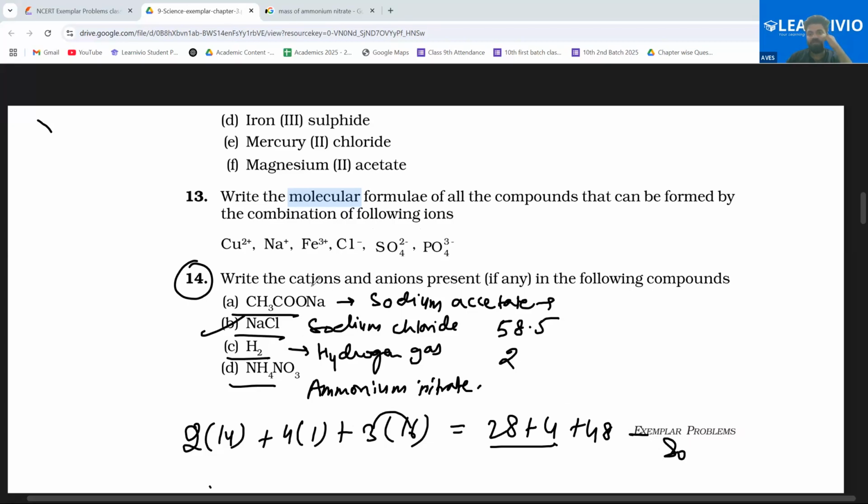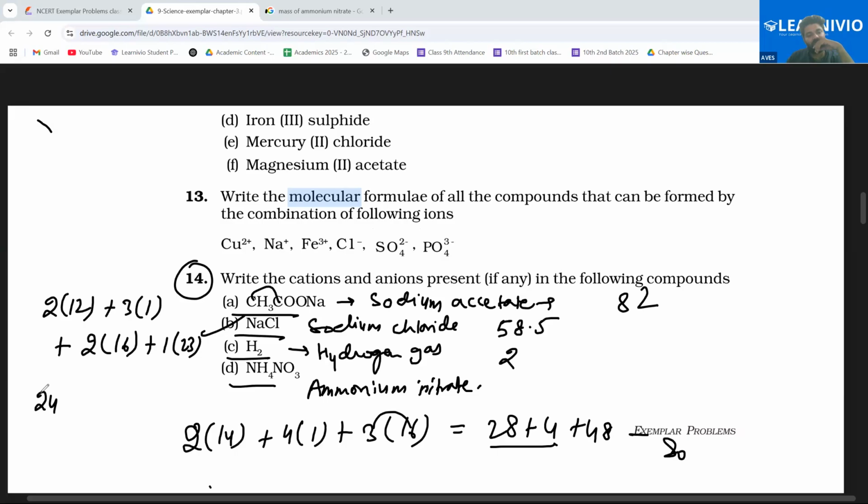Here, sodium acetate. What's the mass of sodium acetate? You calculated 82. Here there are 2 carbons, so 2 into 12, plus 3 hydrogens, plus 2 oxygens, 2 into 16, plus 1 sodium, 1 into 23.